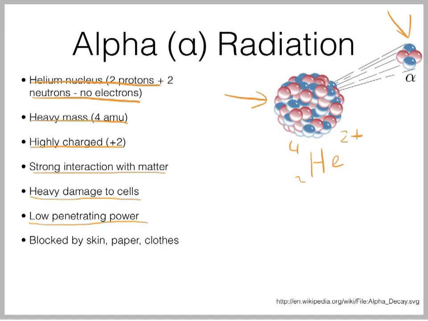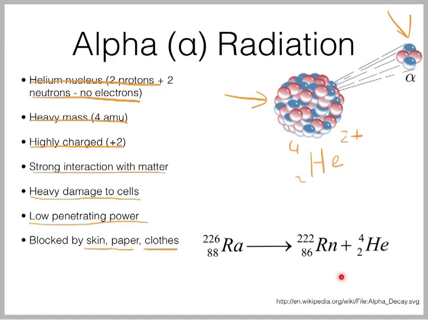So they can't actually get to the cells to cause any damage, because the alpha particles are blocked by skin, paper, and clothes. So unless you actually ingest a source of alpha particles, they're not going to cause you any damage.